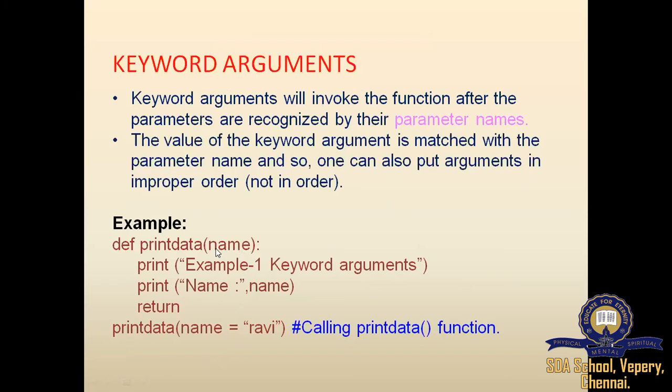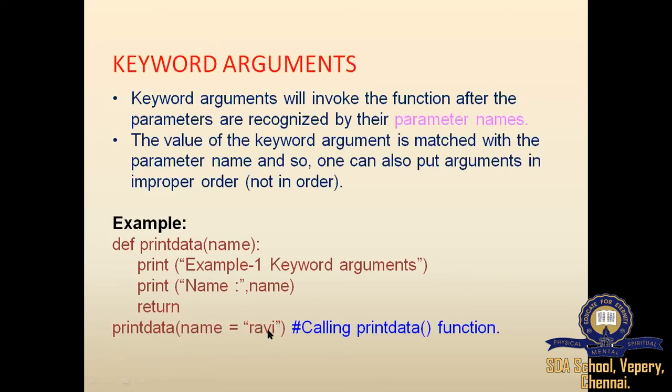We have a name for the parameters. Here, I am passing an argument. This argument is being named with name. So, when you pass an argument with a name, it goes to your parameters, and your parameter is able to recognize that keyword by its name.